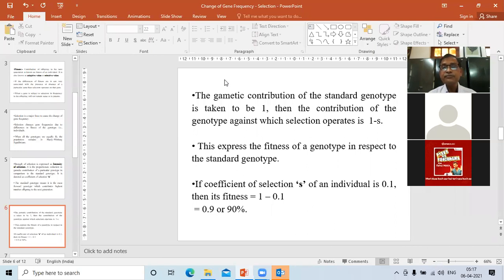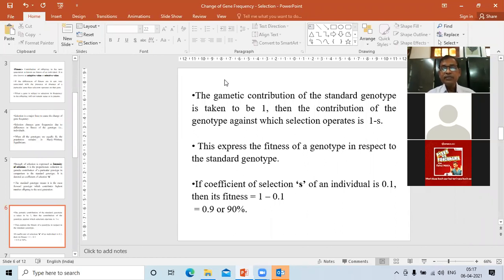Suppose the coefficient of selection is expressed as S, so the gametic contribution of an individual in comparison to the standard genotype is 1 minus S, because the gametic contribution of the standard genotype is considered as 1, or 100%. So this expresses the fitness of the genotype with respect to the standard genotype. The fitness of the standard genotype is considered as 1, so the fitness of the other genotype whose coefficient of selection is S will be 1 minus S. Clear?